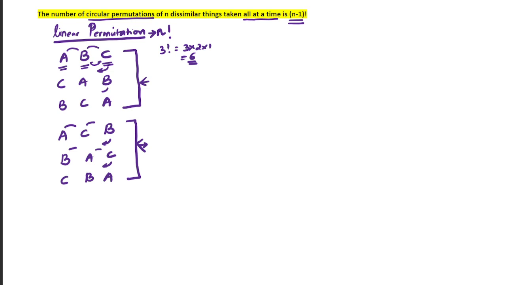So let's look at the circular permutation. In circular permutation, we'll be putting A, B, and C at a circular table with chairs arranged.